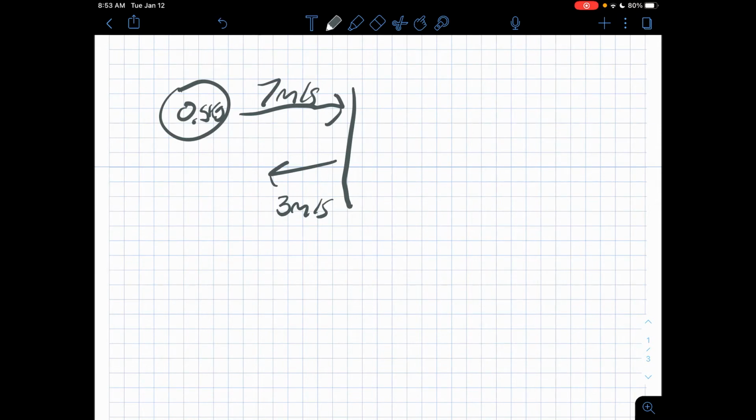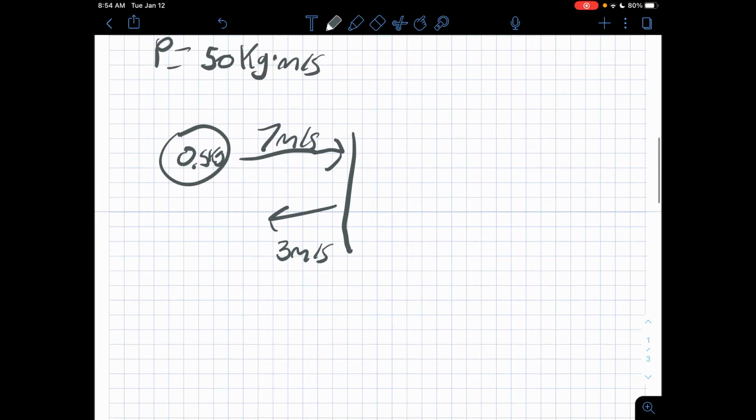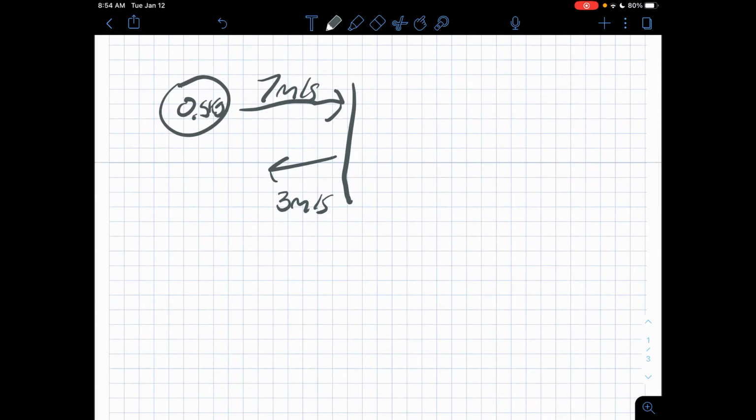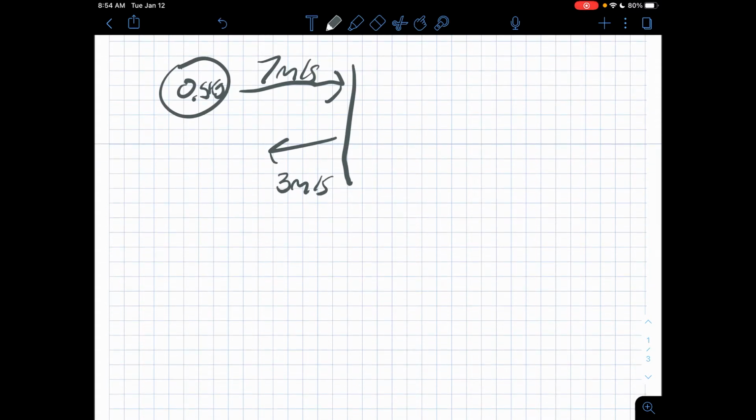I want you to calculate the momentum before it hit the wall and the momentum after it hit the wall. And after, I want you to calculate the change in momentum that it experienced. You can take a time to pause the video and do this yourself, and then I'll just continue on.